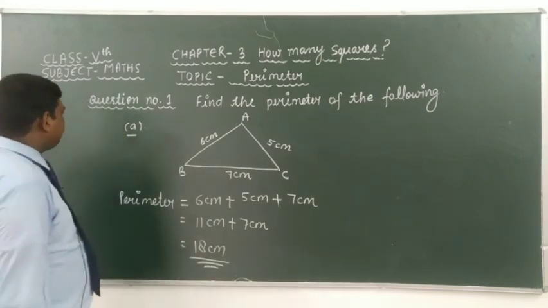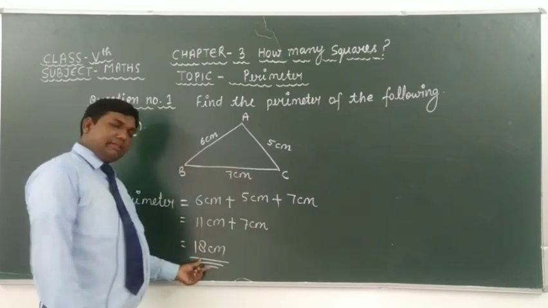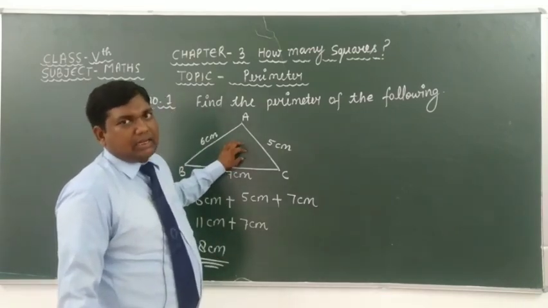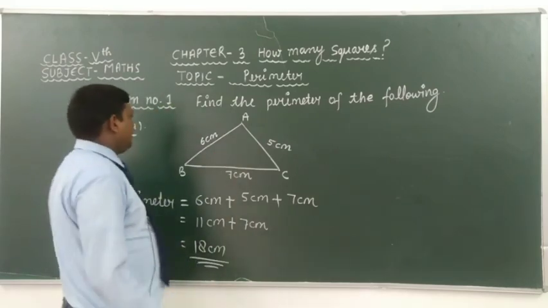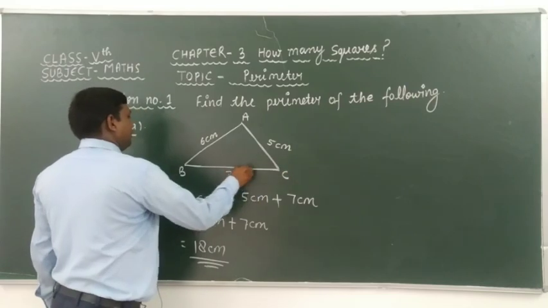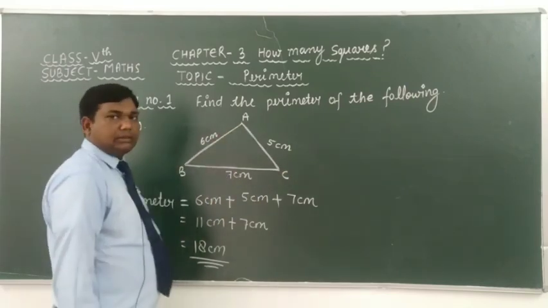It means that the perimeter of this closed figure is 18 centimeter, and this simple closed figure is called a triangle, because here 3 line segments are given.